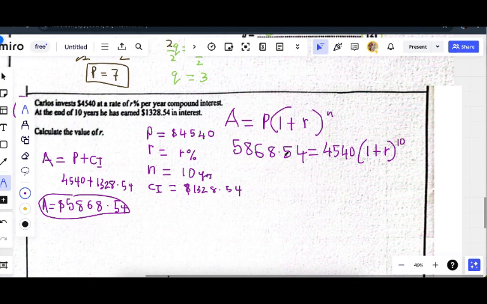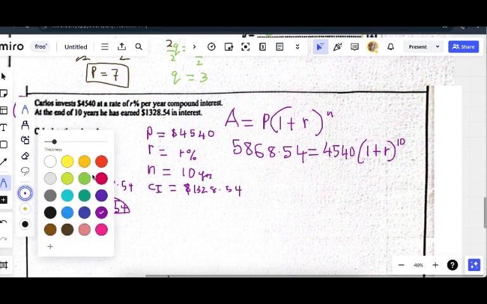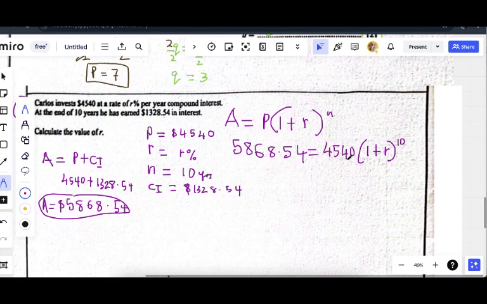So the next step is to divide both sides by the principal, 4540. Divide here by the principal and also divide here by the principal.